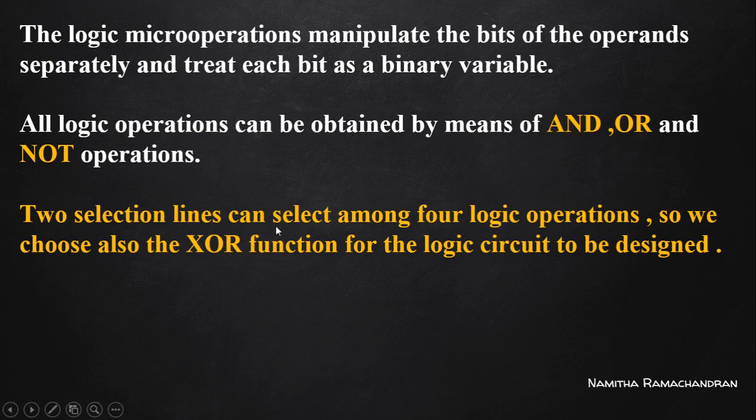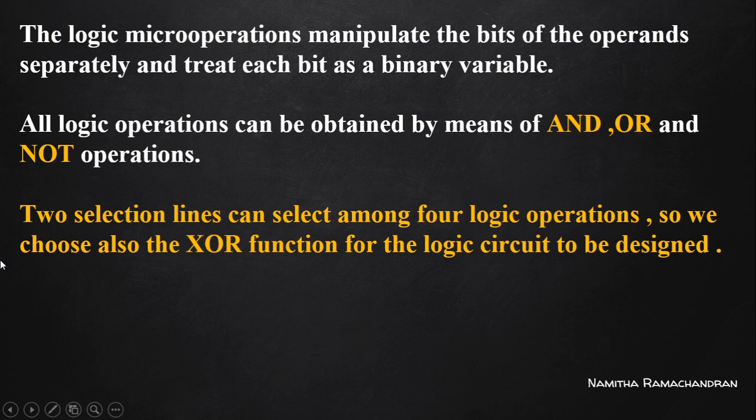Two selection lines can be used for implementing these operations. Using two selection lines, we can distinguish four different possibilities. So along with AND, OR and NOT, we can consider one more logical operation, the XOR operation.